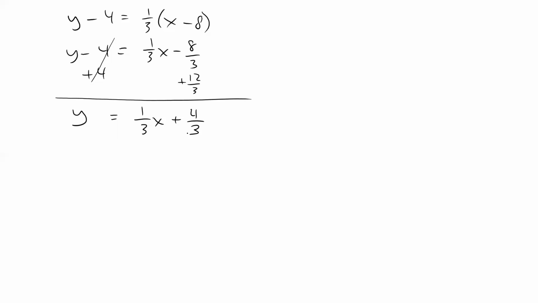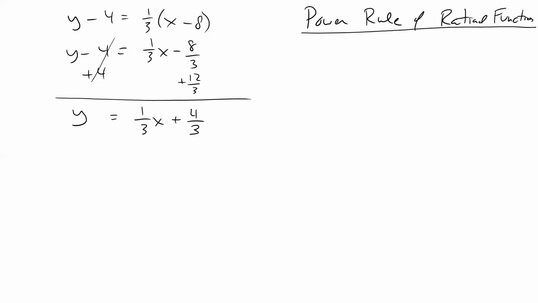Boom. Good. Okay, we should write down, I haven't told you this yet, but the power rule for rational exponents. Remember we have the power rule for integers, right? You just stick the n out in front and you go from there.